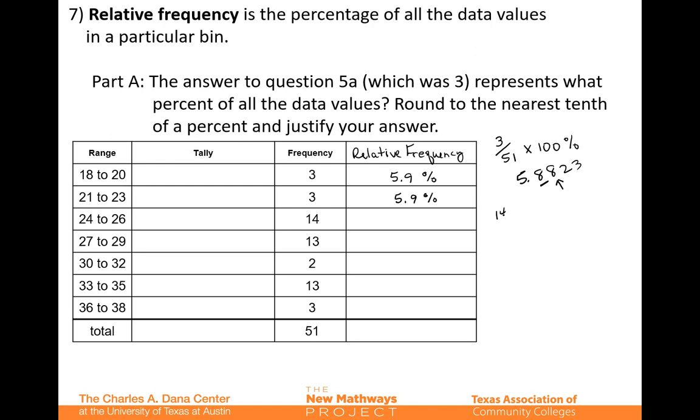So if I do 14 out of 51, 14 divided by 51 times 100, that's going to be 27.5.